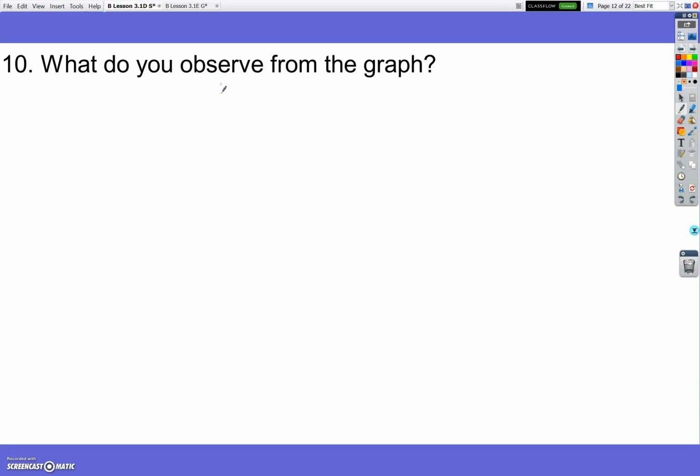Alright guys, now that we have a graph that's completed, what can you observe from the graph? Well, the two most important things I want to observe are the x- and y-intercepts and the slope. So the x-intercept is 48.